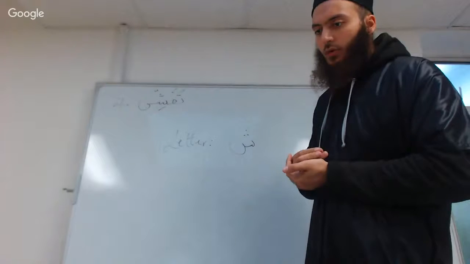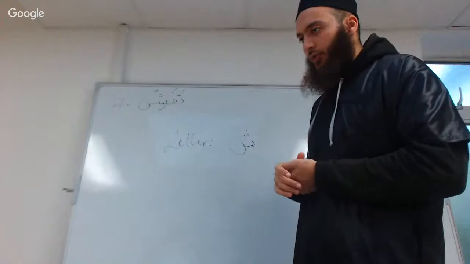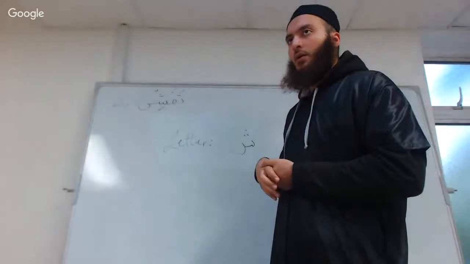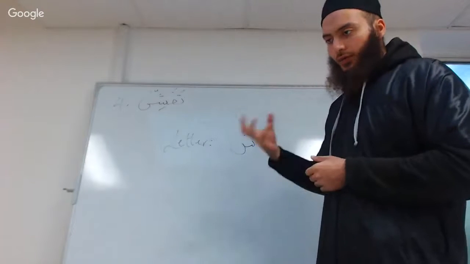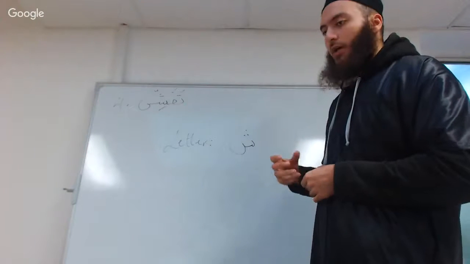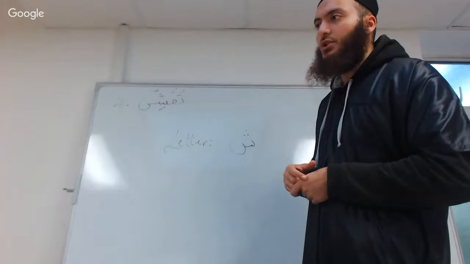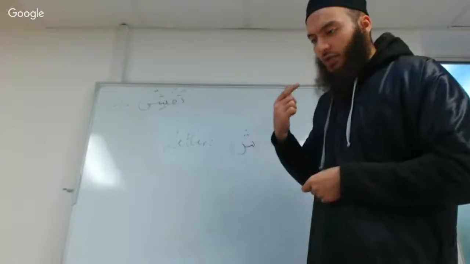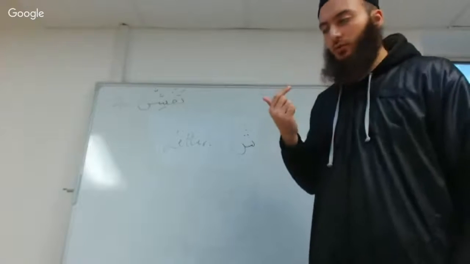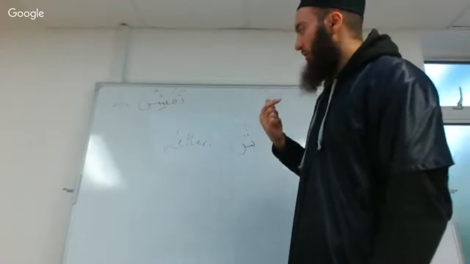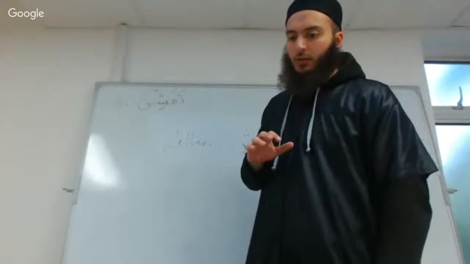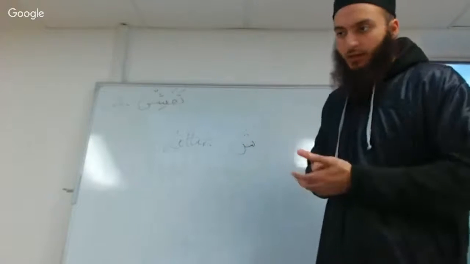The same thing with the jim. This is a common one, specifically among North Africans due to the French influence. The J in French is pronounced with an element of tafashi, because the sound spreads throughout the mouth. The jim in Arabic is a very strong letter. It has shidda, it has qalqala.